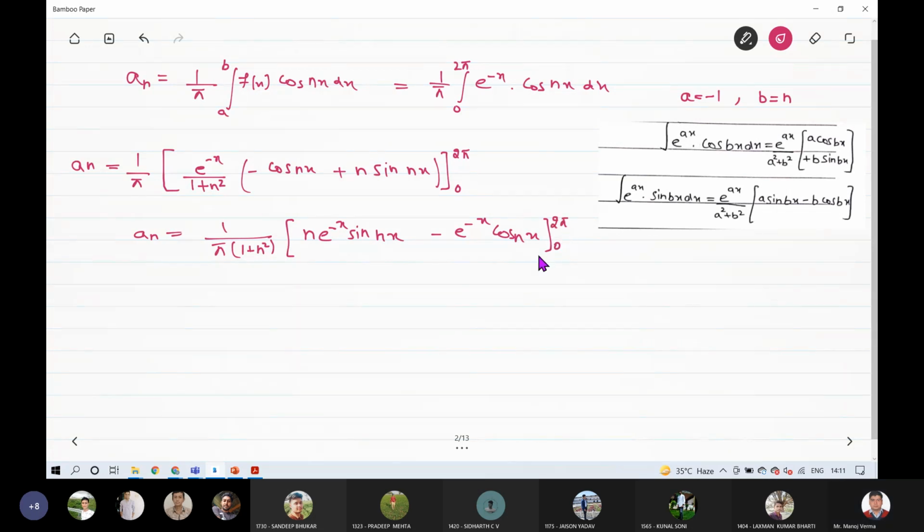So if I insert the limits in these particular expressions, let's start inserting the upper limit first.